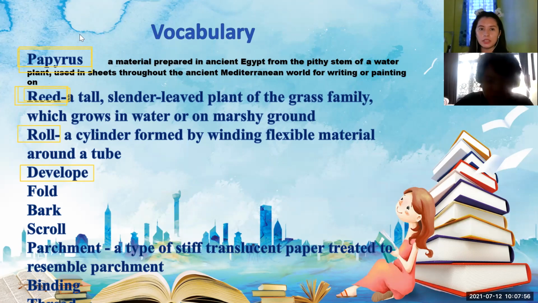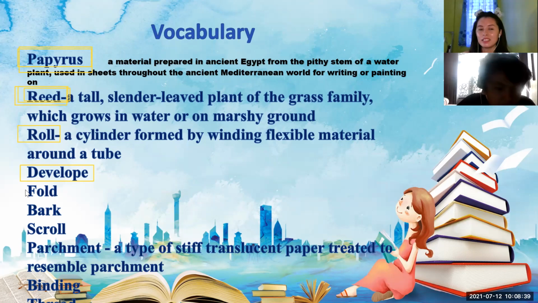I guess that's a little bit easy. What's the fourth after roll? Since roll is a cylinder formed by winding flexible material around a tube, how about the fourth word?